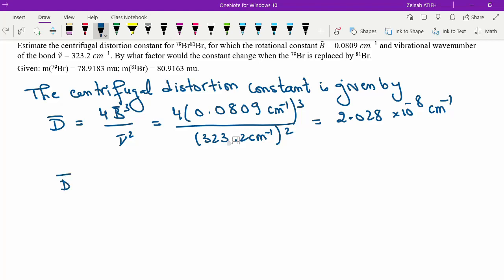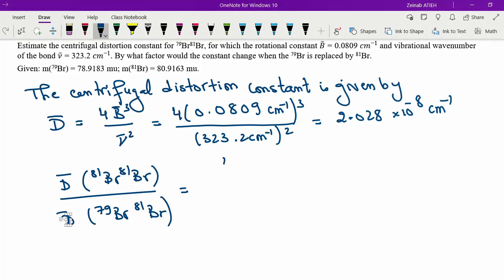So D bar for the molecule Br81 over D bar for Br79, so I'm going to find the ratio. D bar for Br81 is equal to 4 B bar cube for Br81 divided by mu bar squared.